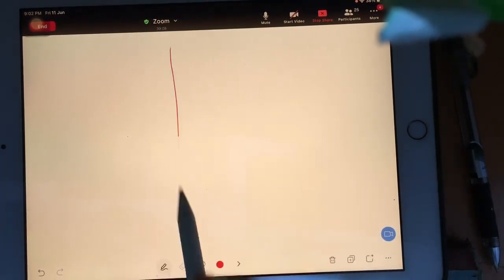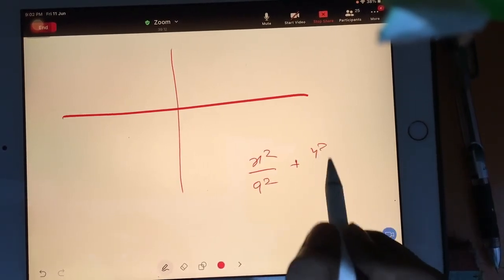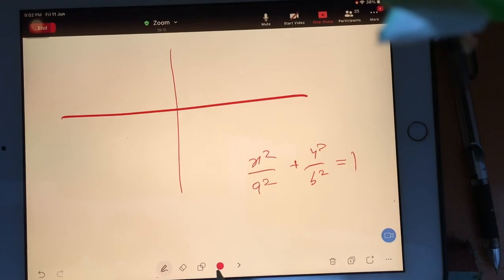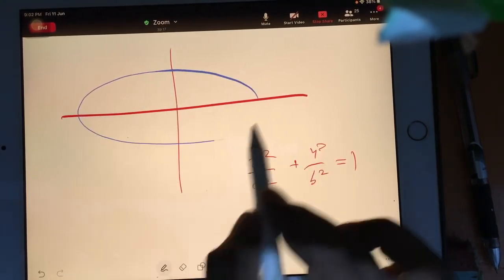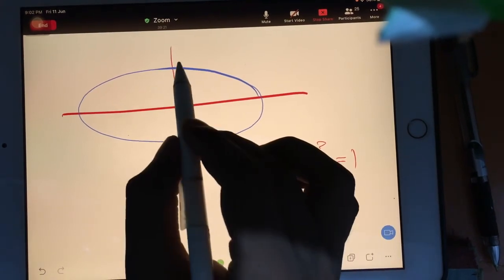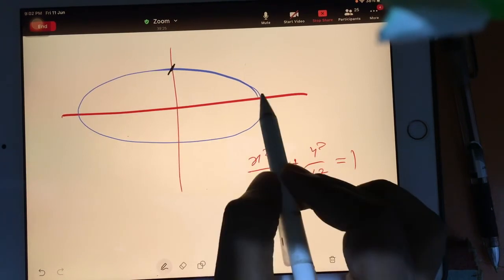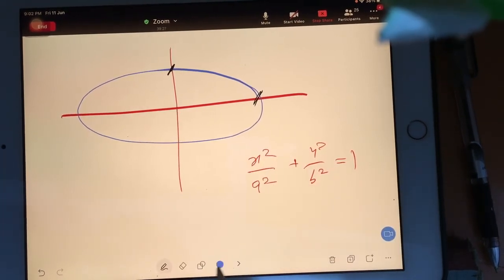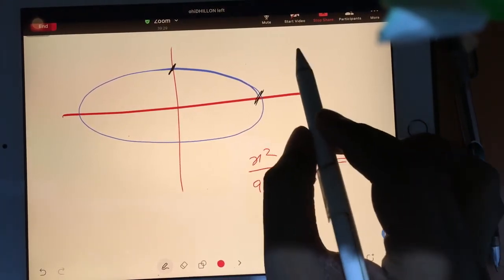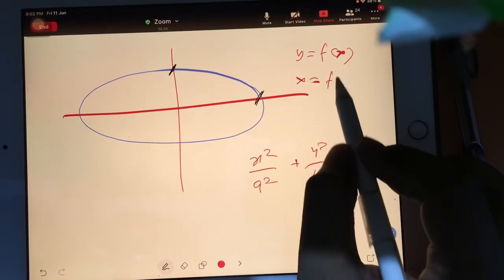See, if you have ellipse looks like this: x square over a square plus y square over b square is equal to 1. Okay, now ellipse looks like this. So if you want to discuss increasing decreasing here, then you have to consider portion first. So suppose this is the portion you are talking. Okay, so in this portion, again you understand, you want to consider y as a function of x or x as a function of y.